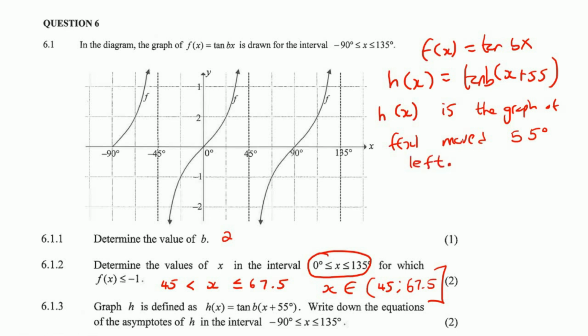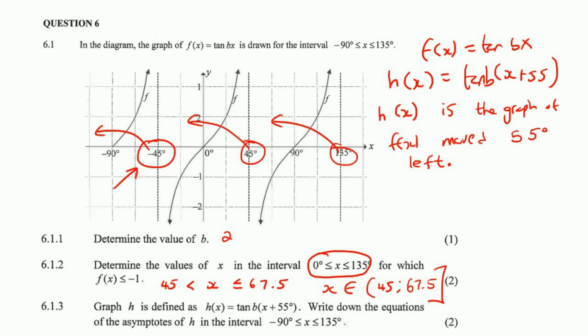Okay, so it says write down the equations of the asymptotes of h in this interval -90 to 135. Okay, so if we look at these asymptotes that we currently have, those are all going to move 55 degrees to the left, because the entire graph is going 55 degrees to the left.